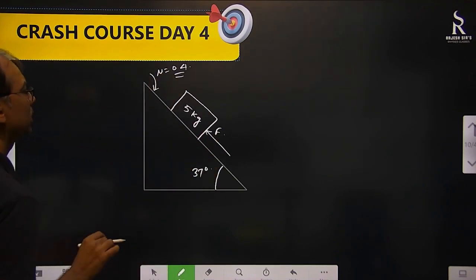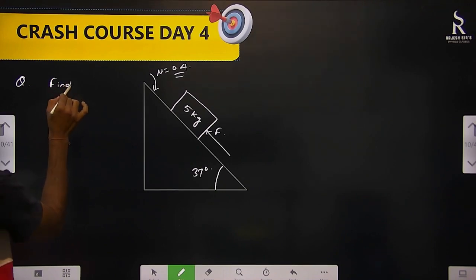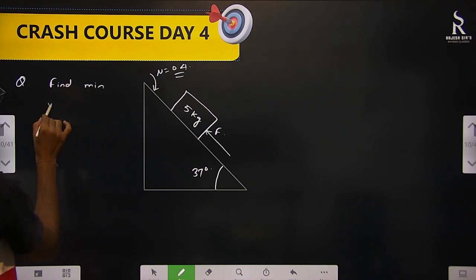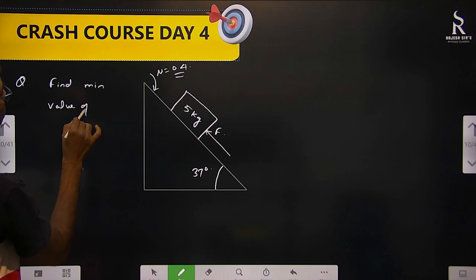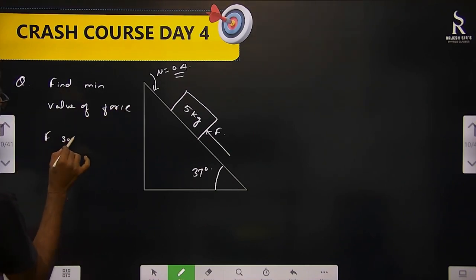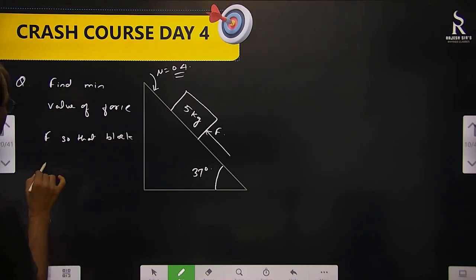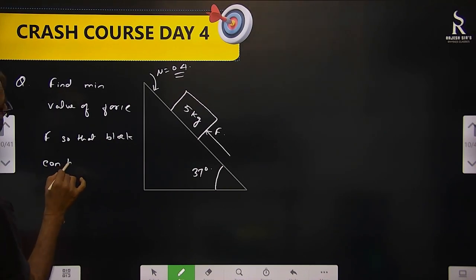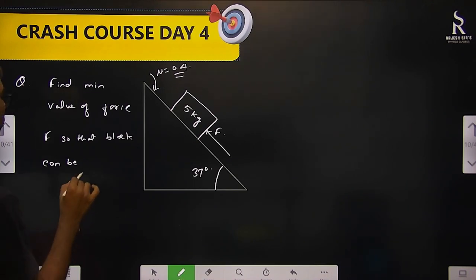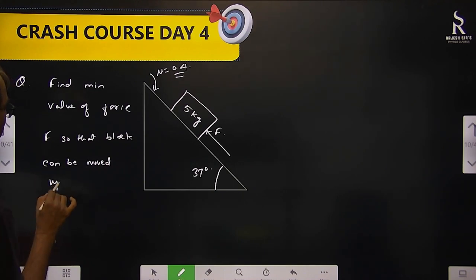The question is asking us, find minimum value of force F so that block can be moved upwards.